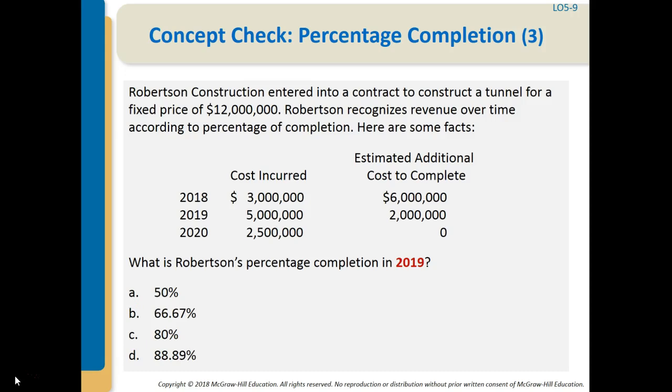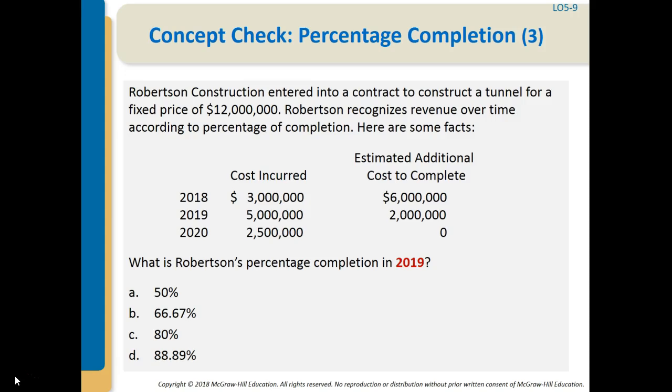Robertson Construction entered into a contract to construct a tunnel again for $12 million. So we've got costs incurred, $3 million in 2018 with an additional cost of $6 million. In 2019, $5 million with an additional cost of $2 million. And then in 2020, $2.5 million.